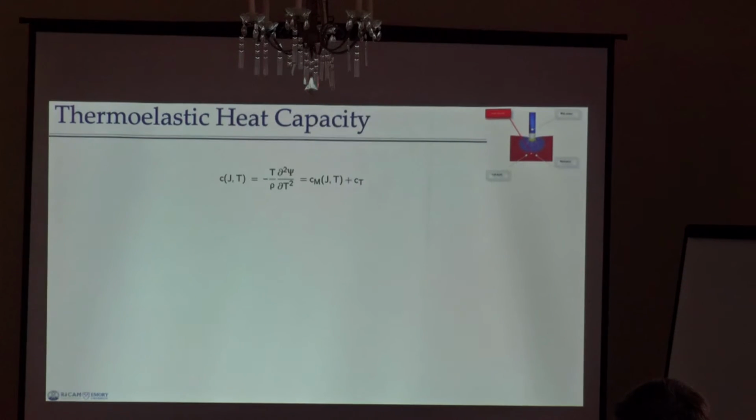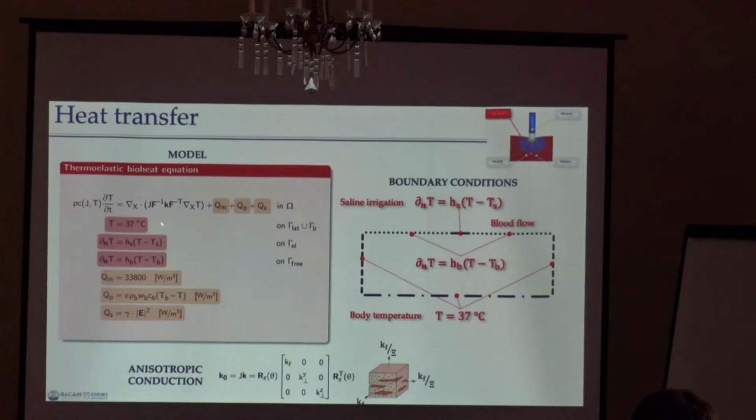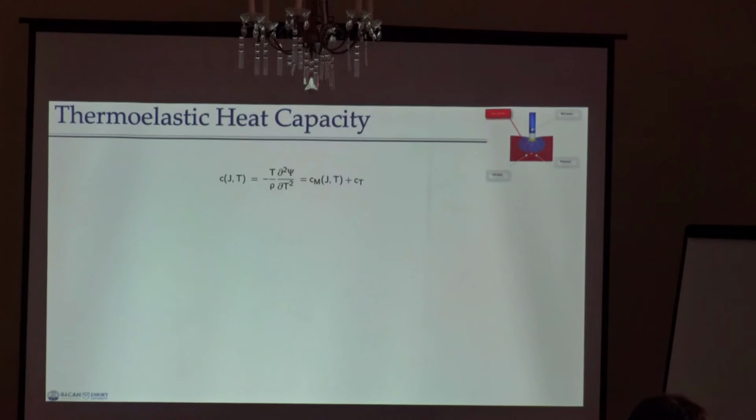Now it turns out that here we have heat capacity. This heat capacity usually is assumed constant, but as you can see over here, it is a function of the mechanical state of the system and the thermal state of the system. In fact, the most general definition of heat capacity comes from the second derivative of the thermoelastic strain energy density.